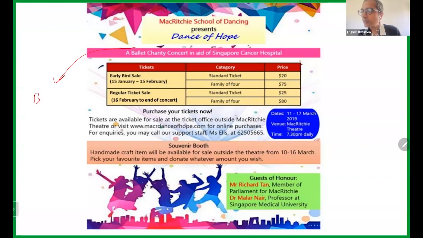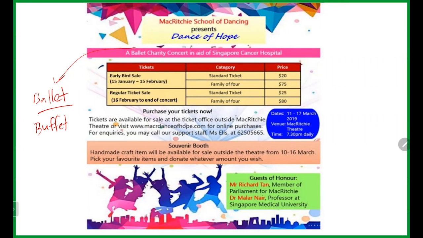Okay, this word is pronounced ballet. Let me give you another word like this: buffet. Buffet is like, you go to a restaurant, you have a lot of food and you can take it yourself.